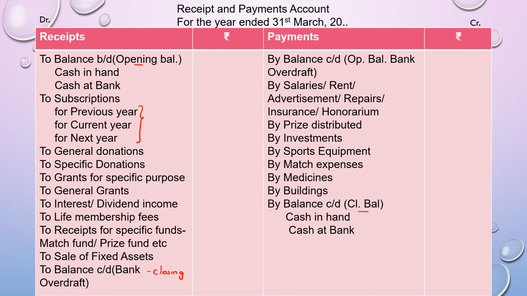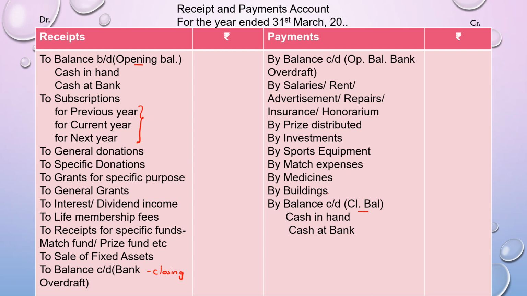If it is not a sports club but a charitable hospital, then it might be spending on medicines. Payment might be made for acquiring those medicines. Those payments come on the payment side. If some asset, it might be a building, furniture, any sort of asset, is acquired during the year by the not-for-profit organization, this outflow of cash or the bank balance is reduced.